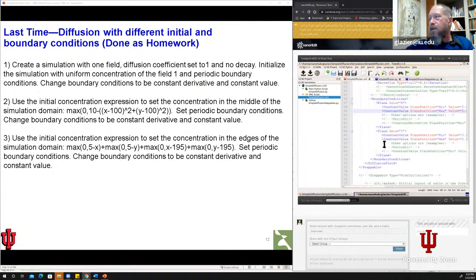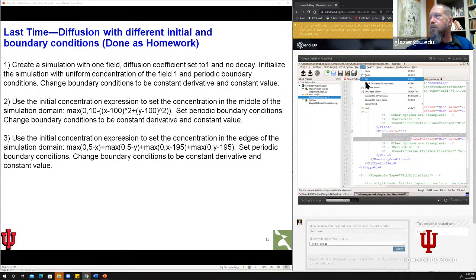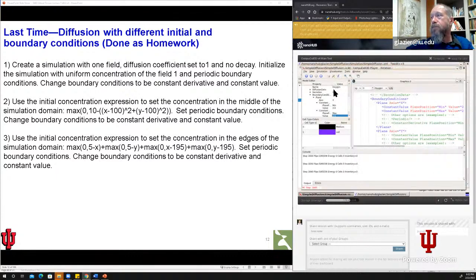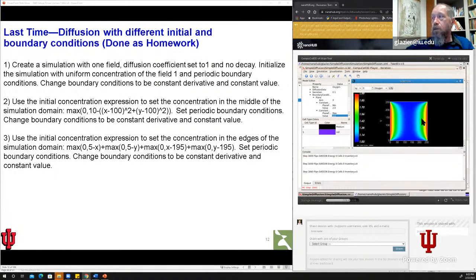And now I'm going to go back to being periodic. Unfortunately, I can't change the boundary conditions on the fly in the simulation. I have to stop it and restart. So now look, remember what that looks like.